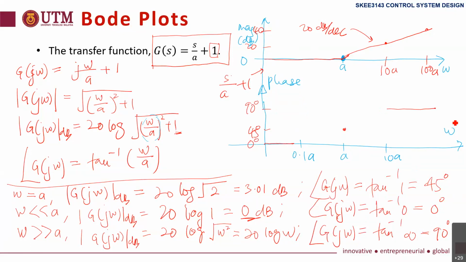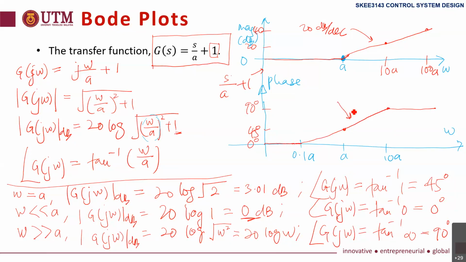So in the straight line approximation, we take A, and then we go 1 decade before A, which is 0.1A, and make it 0 until here. And we go 1 decade after A, we make it 90 degrees. Then we combine the line.